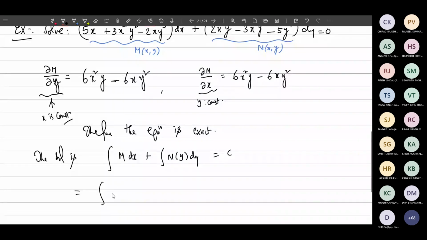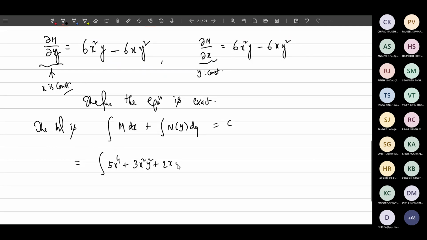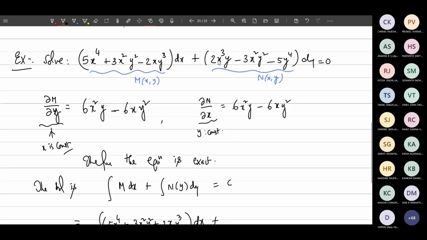So the integral of M is 5x^4 plus 3x^2y^2 minus 2xy^3, with respect to x, meaning y is constant, plus the terms in N without x. N is what exactly? N is 2x^3y minus 3x^2y^2 minus 5y^4.